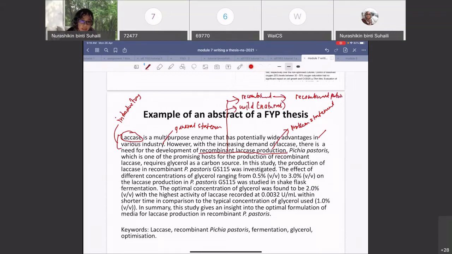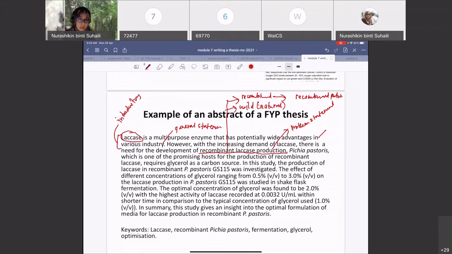So there are laccases that are produced by wild organisms, and there are laccases that are produced by recombinant organisms. Wild or natural organism means fungi that you don't alter anything, but they produce laccases. Those are wild type. But those produced by a recombinant organism means that the certain gene that produces laccase is inserted into, for example, certain hosts like Pichia pastoris, right? They put it into that Pichia pastoris, and that Pichia is called recombinant Pichia pastoris.